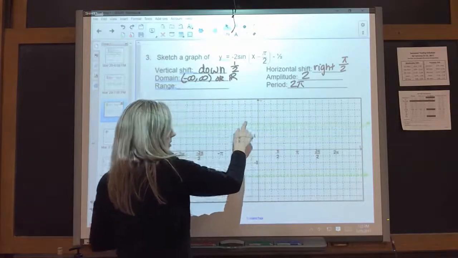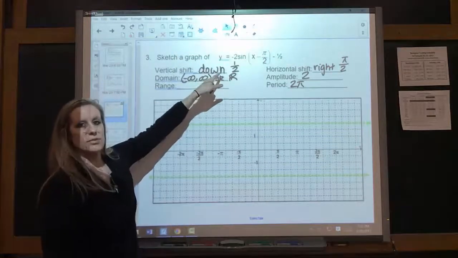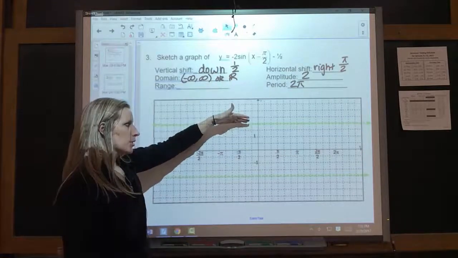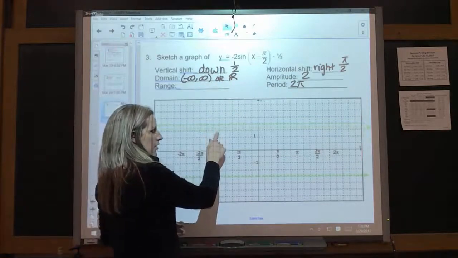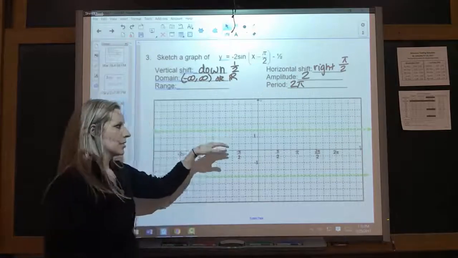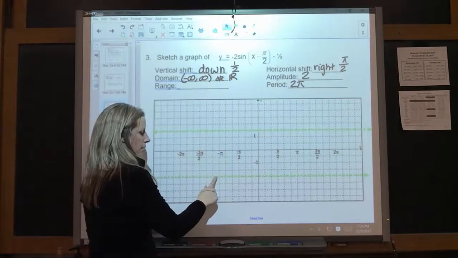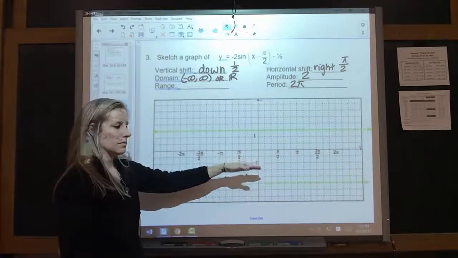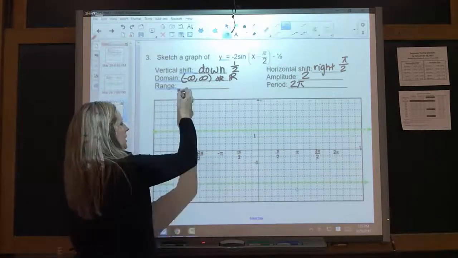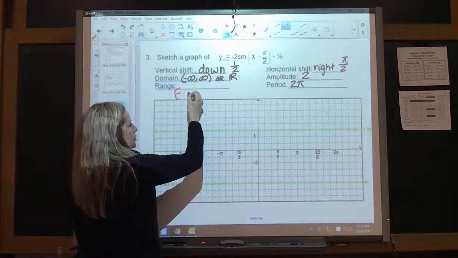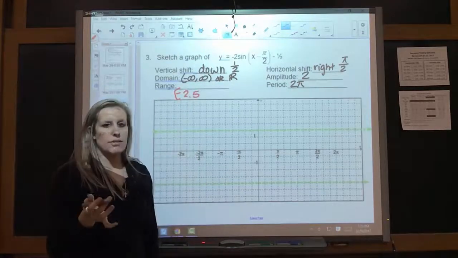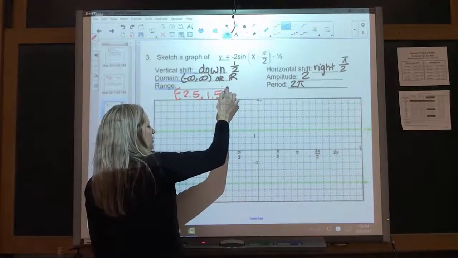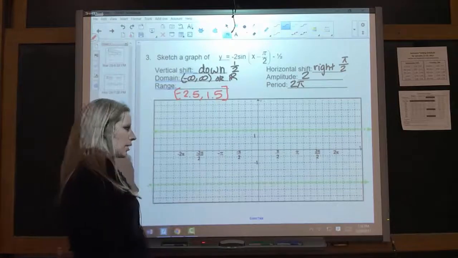Now I wouldn't draw these yet because we're also going to have to move our amplitude down a half. So what's normally at positive 2, we're going to move it down a half, and now our maximum is 1.5. Our minimum is going to be negative 2.5. You just move it down half. So our range would be from negative 2.5 or negative 5 over 2, all the way up to positive 1.5, or you could put 3 over 2, either way.